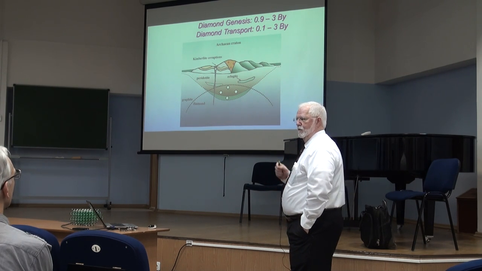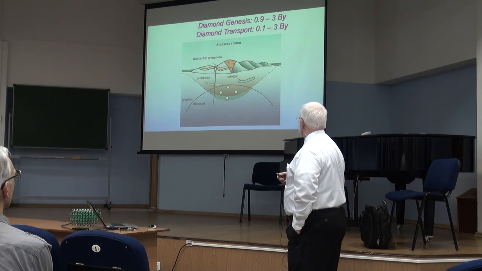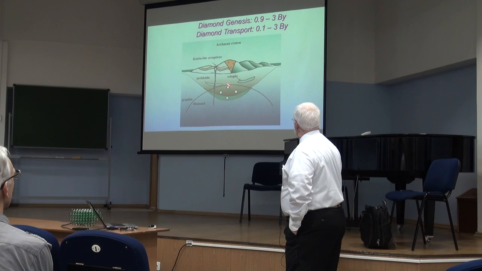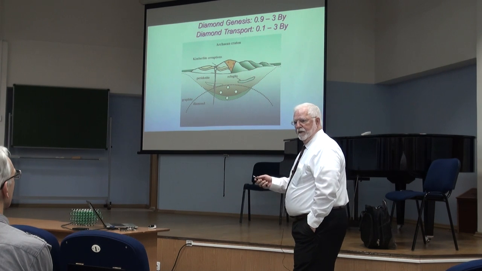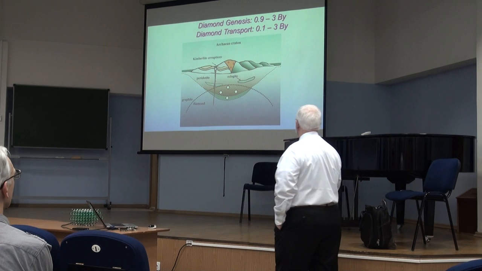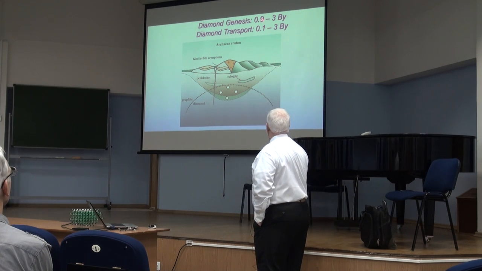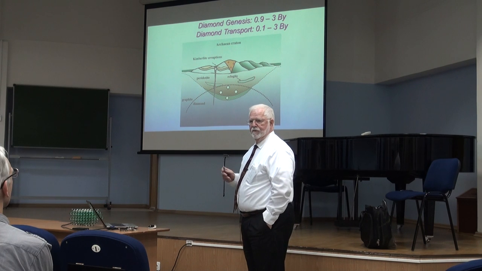They're very old. The age of the Earth is approximately 4.5 billion years. After growth, they have been transported to the surface of the Earth in supersonic volcanic eruptions, really violent volcanic eruptions. And the latest of those was only about 100 million years ago. There haven't been any recently.